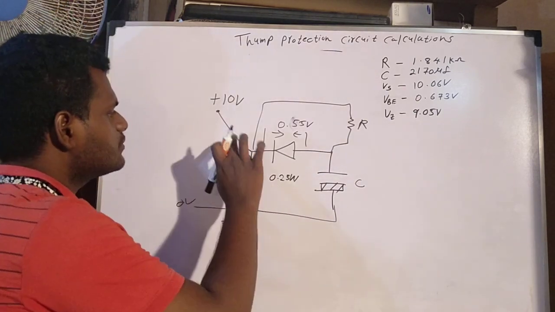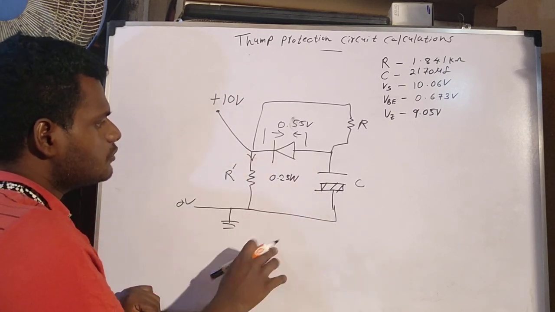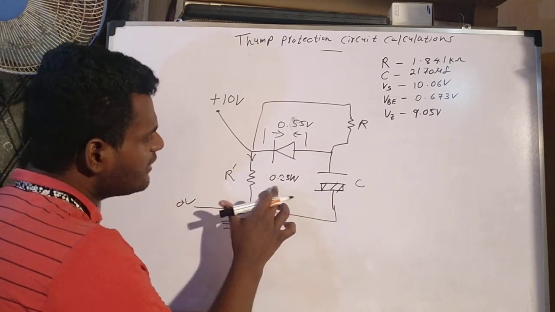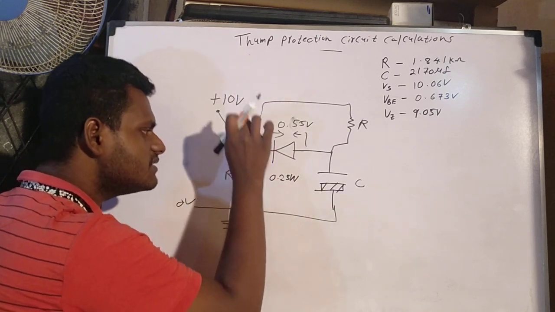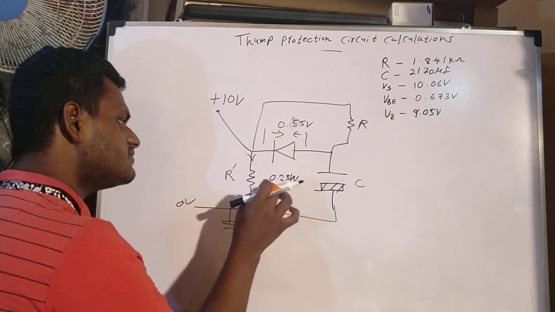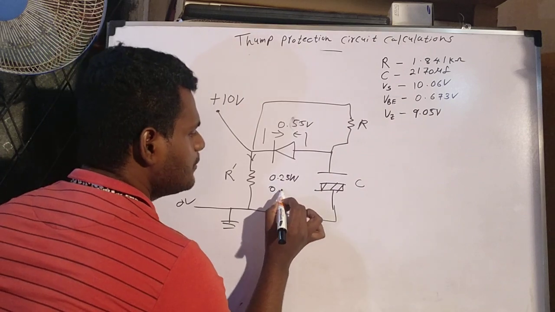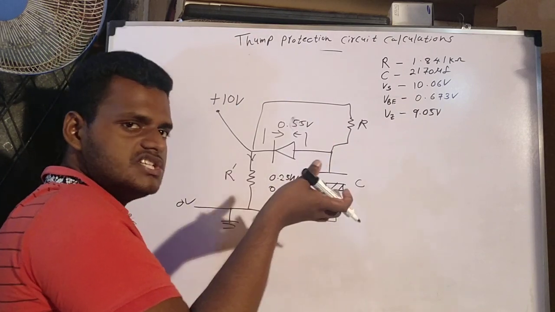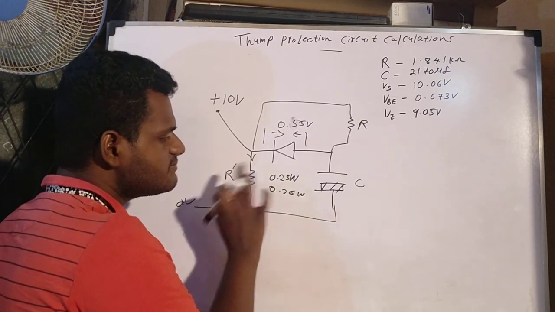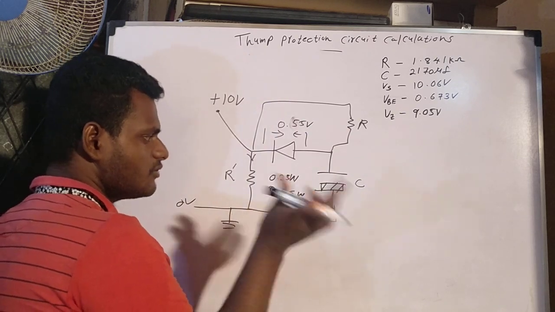So here we have 10 volts, and here 0.25 watts. We have to take a resistor that is not damaged. If I increase the current here and take a resistor rated more than 0.25 watt, if I take 0.26 watt of heat energy from that resistor, it will burn. So I'll take some margin.